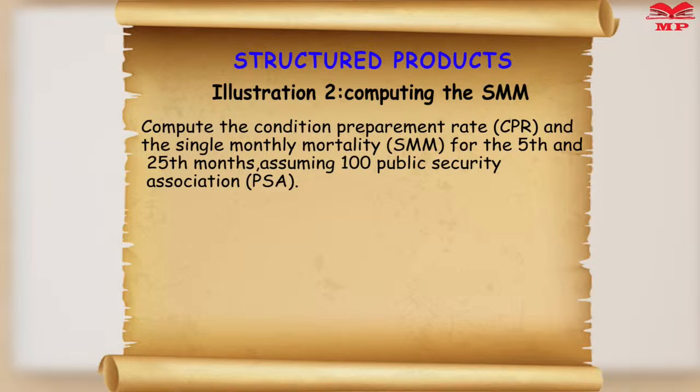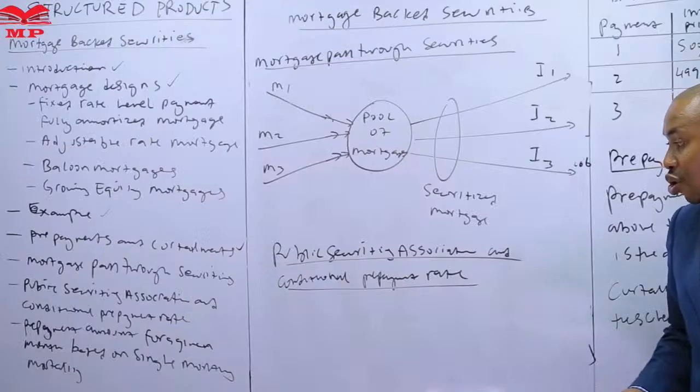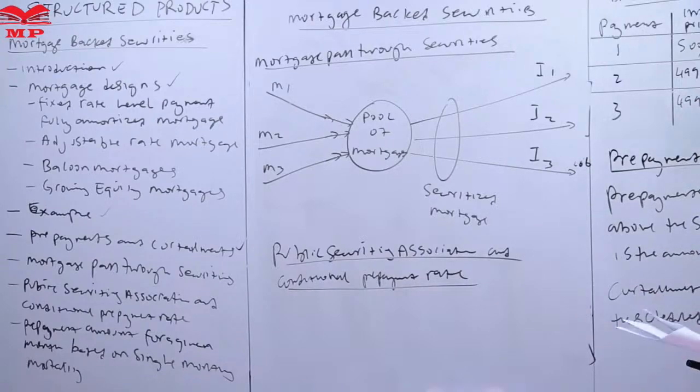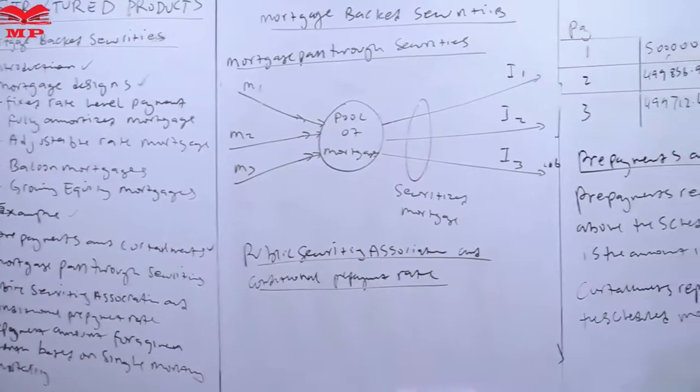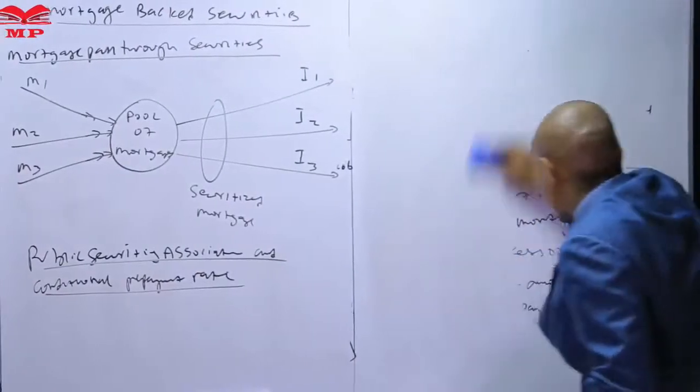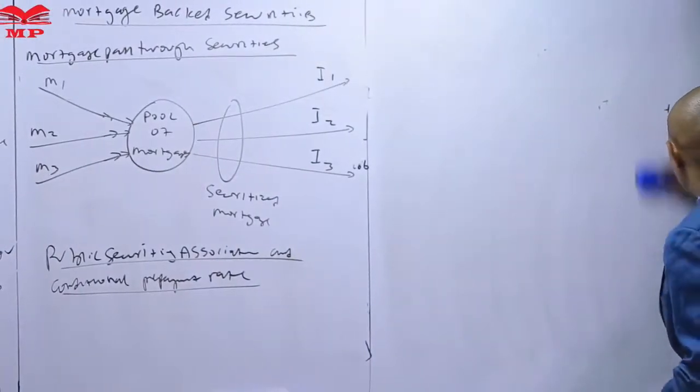So the Public Securities Association is an institution used to calculate prepayments, and they usually use conditional prepayment rate, so we can have the standard used in the investment community.